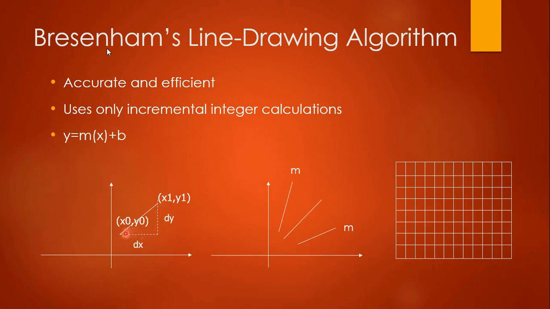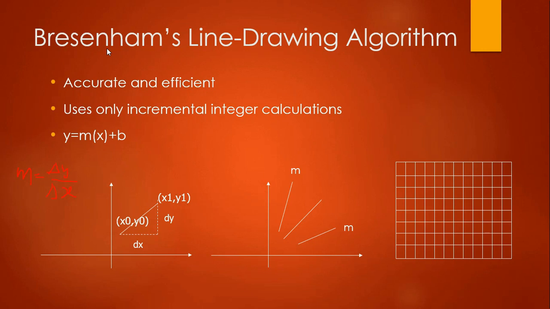This is the same equation as in the DDA algorithm. To find the slope, you calculate m is equal to delta y divided by delta x. So that is about slope: m is equal to delta y divided by delta x.